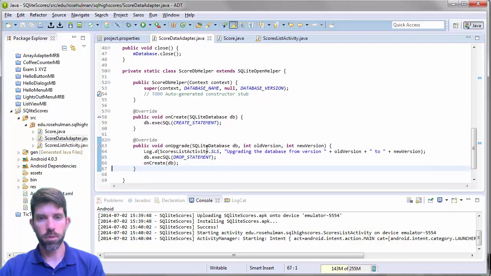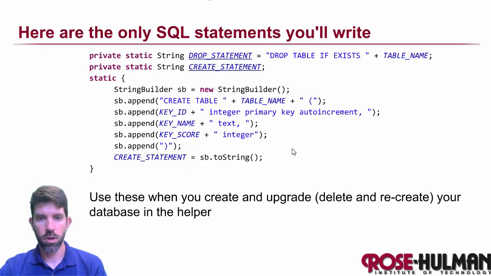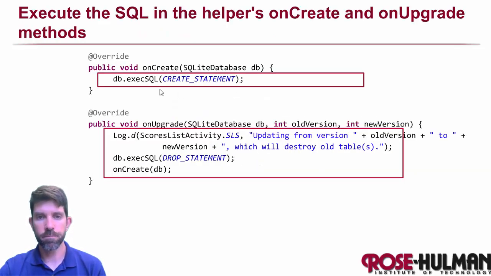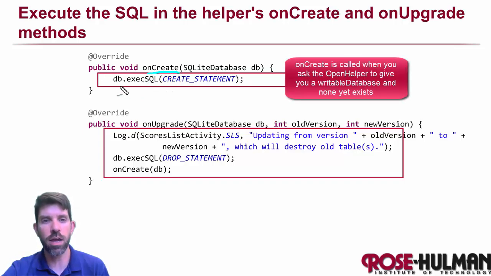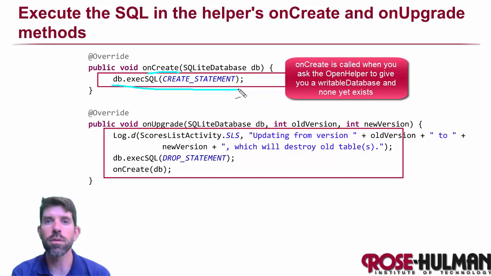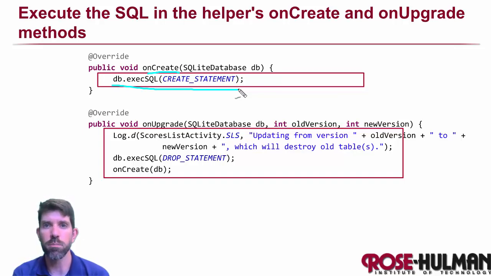All right, so that looks good. Back to our slides. That's essentially what we just did right here. Again, we're telling the helper, if you're ever asked to create, what I want you to do is execute the SQL code that we had written. That's going to create our table. Certainly if we had multiple tables, then we'd have multiple create statements here, so we'd execute a couple lines of SQL.